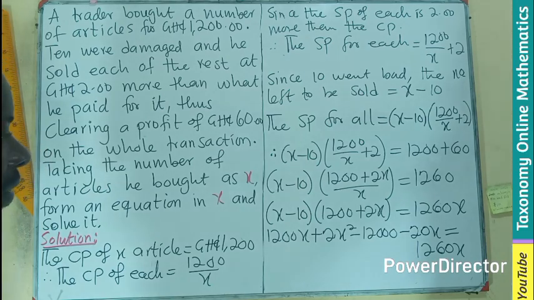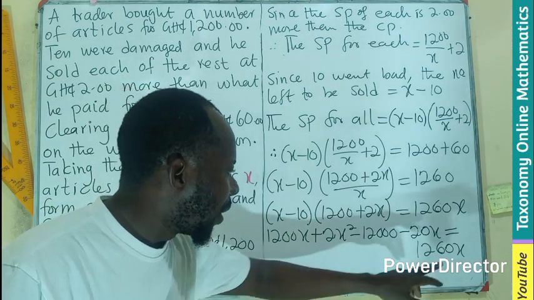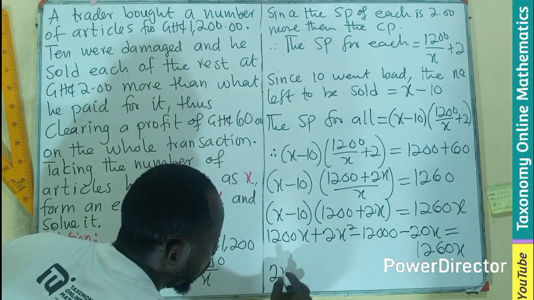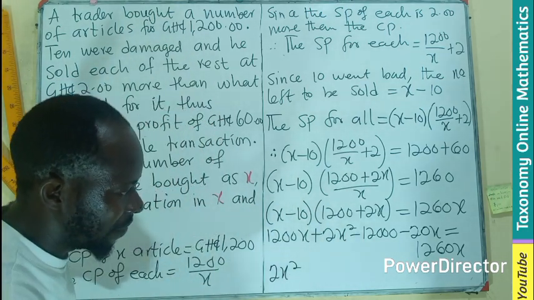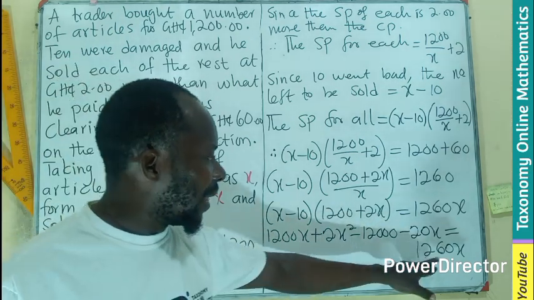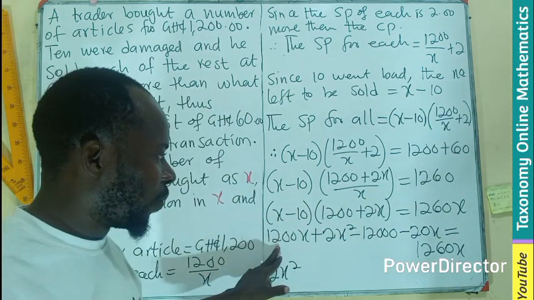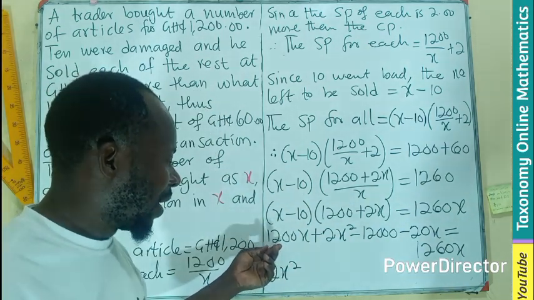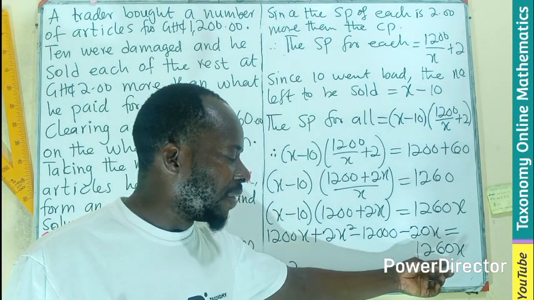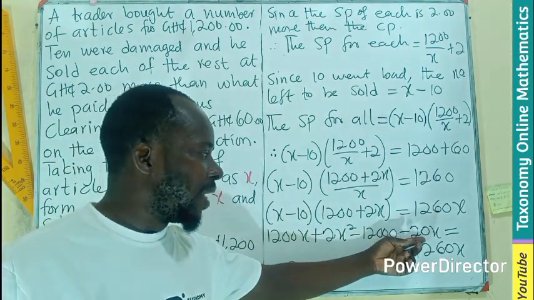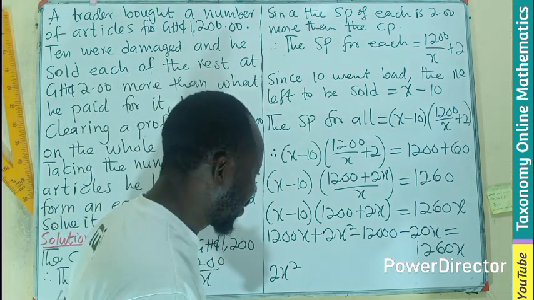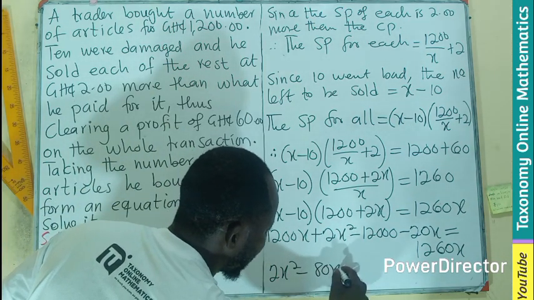1260x. Alright, what can we do? We are having like terms in there. So let's maintain our x squared here. So 2x squared, which is on the left, right? We are having this also on the left, and this is coming all the way from the right, which is bigger than this. So if you subtract 1200 from 1260, you will be left with 60. So you carry as negative. This is also going to be negative 20 minus 60 will give us negative 80x.